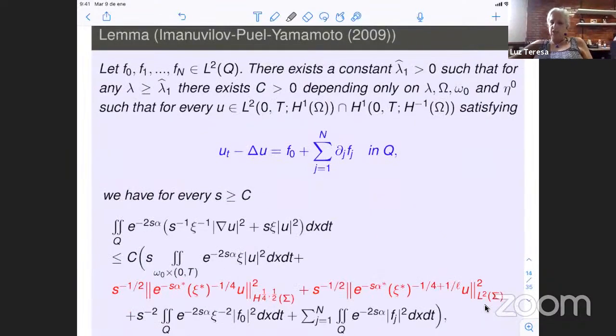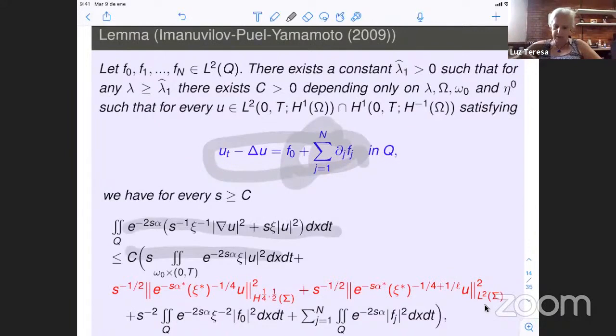Okay, so what Imanuvilov, Puel, and Yamamoto proved is for the heat equation. So here I have a heat equation with right-hand side different from 0, and they are able to prove this weighted inequality.